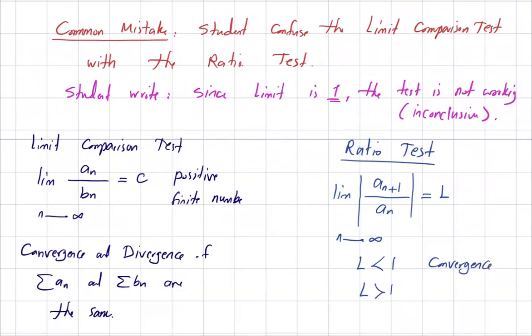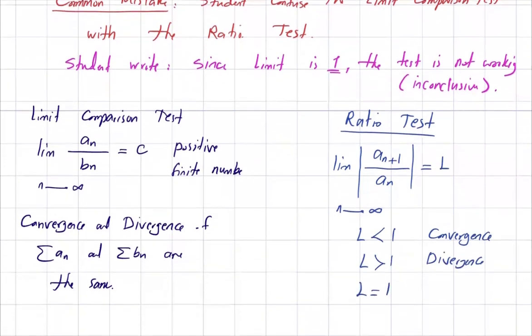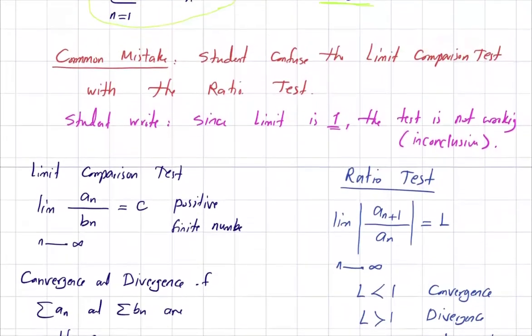If L is more than 1, you have divergence. And if L is equal to 1, you say that the test is not working. It means that we have to move to a different method, a different technique, or a different test. So students confuse these two.